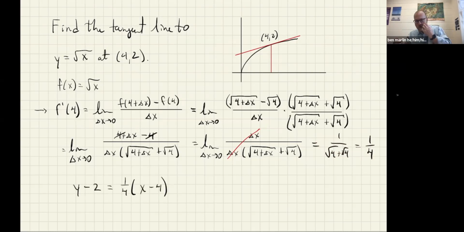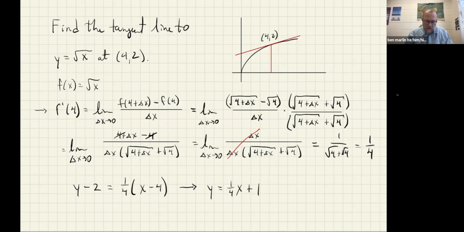And if you're wondering where that came from, that is your point slope formula, something from algebra. Now, if you'd like to leave it like that, that is a perfectly fine way to write your equation and nobody's going to object. But if you'd like to solve for y, you'll have a 1/4 x, let's see, minus 1, but then you'll add 2, so plus 1, okay? Yay, and that's getting the equation of your tangent line.